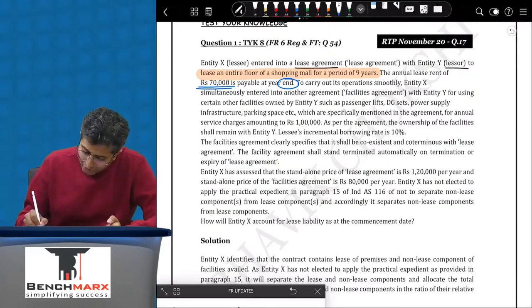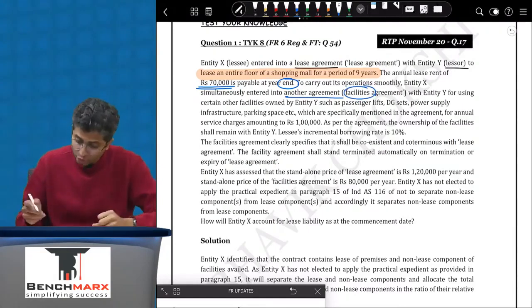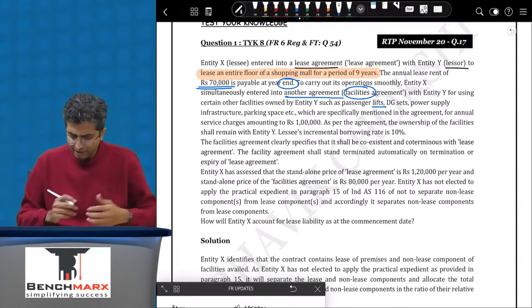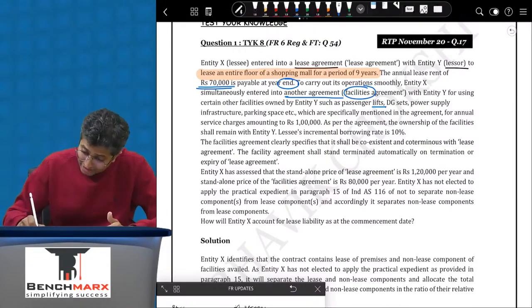To carry out its operation smoothly, X simultaneously entered into another agreement, that is a facilities agreement, whereby it is getting facilities or services from Y for using certain other facilities owned by Y, such as passenger lifts, DG, that is generator sets, power supply infrastructure, parking space, etc. So these are basically services, facilities.